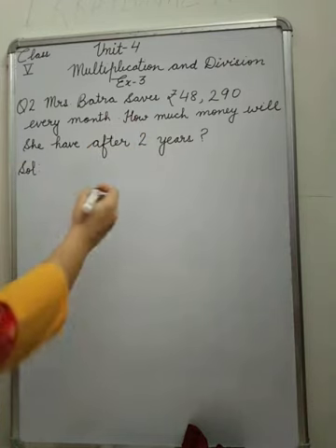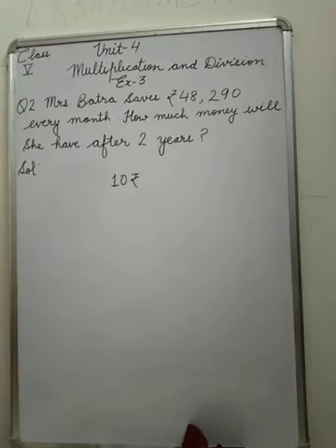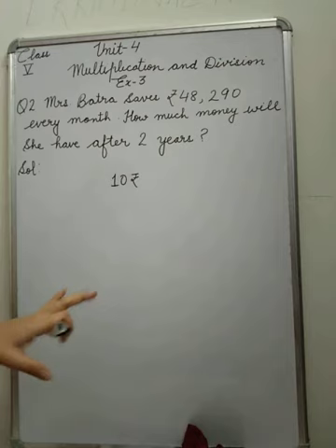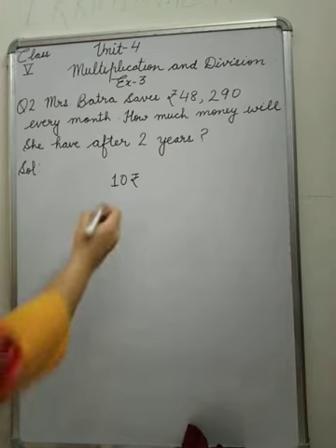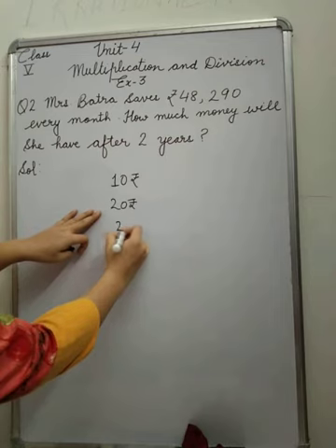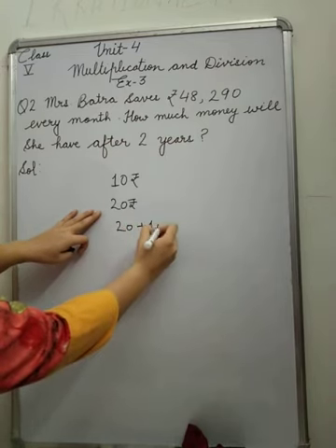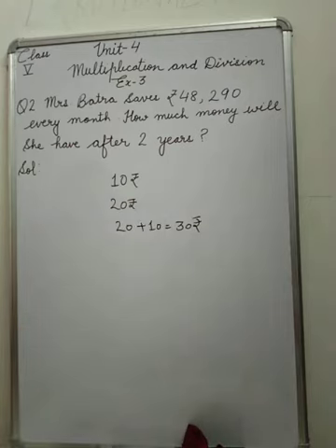Now see, if on the first day your pocket money is rupees 10, and you did not spend that, then on the second day you got 10 rupees more, so that will be 20 rupees in your pocket. Third day you did not spend that money and you will get 10 more, so you now have 30 rupees in your pocket.